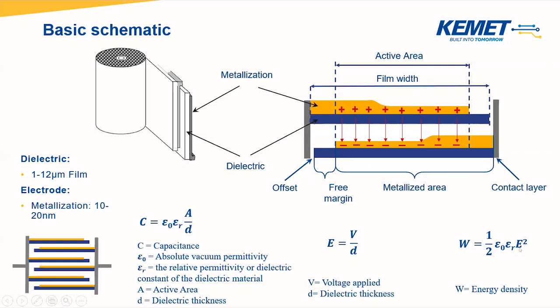So the higher the electric field we can create, the more energy we can trap inside the capacitor. Of course, there are some limitations because it's not possible to increase the voltage applied to the dielectric indefinitely. So it is always a matter of compromise, considering the maximum energy that we can store and the maximum electric field that we can apply without damaging the capacitor.